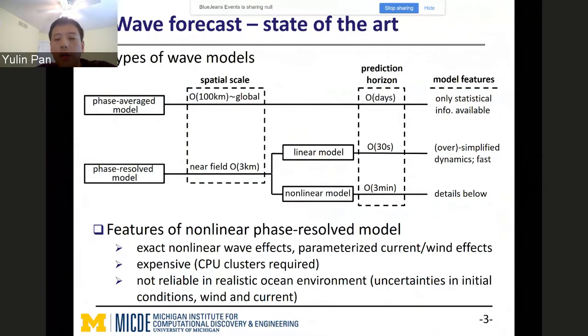So it is not reliable to directly apply the nonlinear model in a realistic ocean environment because of the uncertainties involved in the computation. In general, the uncertainties can come from different aspects. It can come from the initial conditions, as the measurement of the ocean surface involves error. And also it can come from the uncertain wind and current information in the ocean.